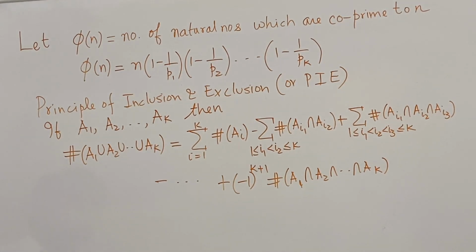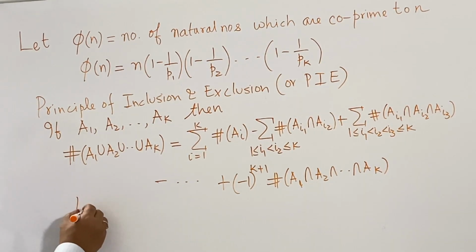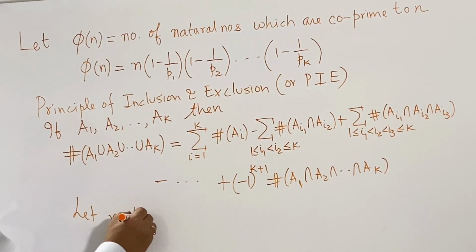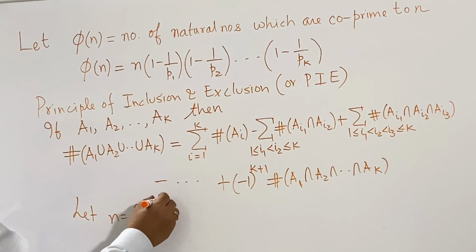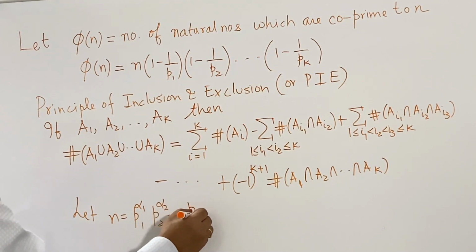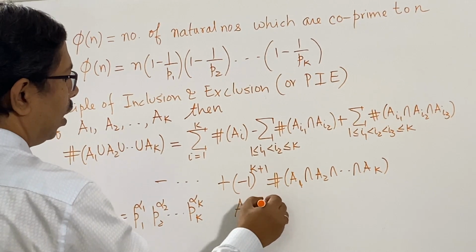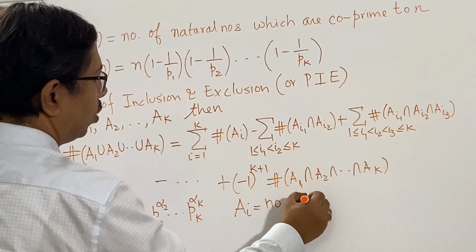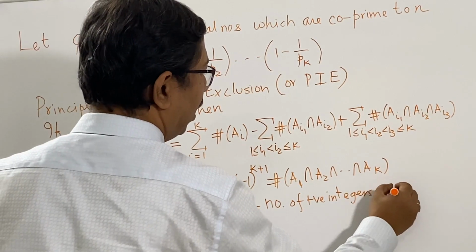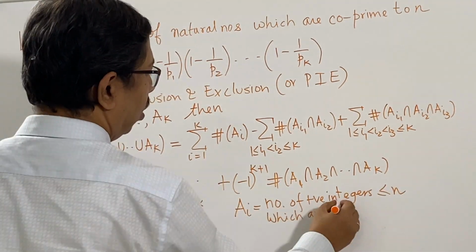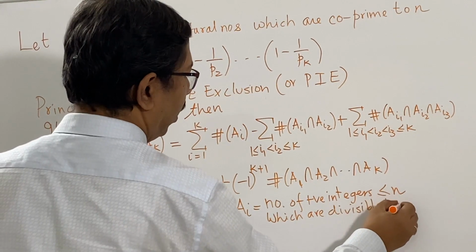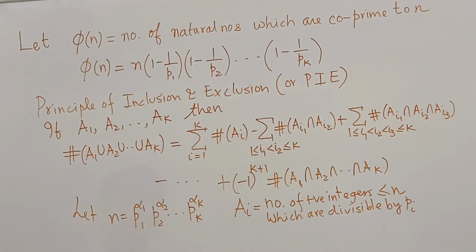We will be using this principle for proving the general formula for Euler's totient function. So let n be equal to p1 to the power alpha 1, p2 to the power alpha 2, up to pk to the power alpha k, and we take Ai to be the set of positive integers less than or equal to n which are divisible by pi. Then we will apply the principle of inclusion exclusion to get the result.